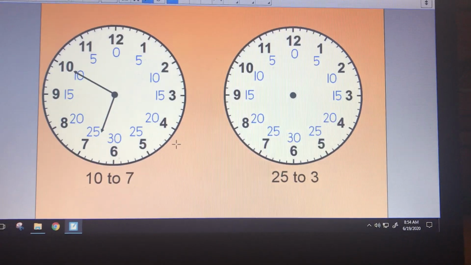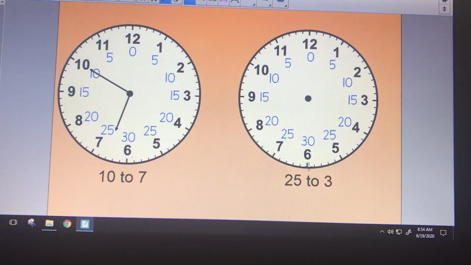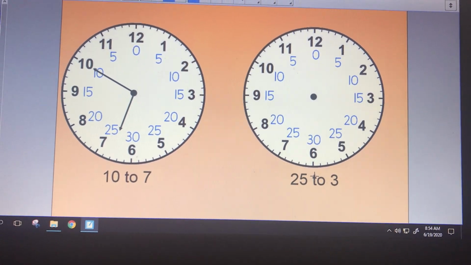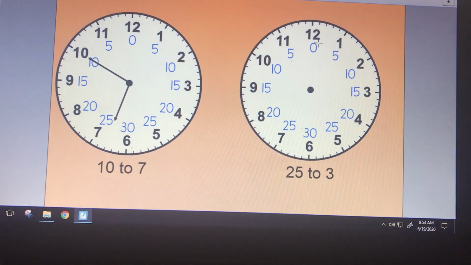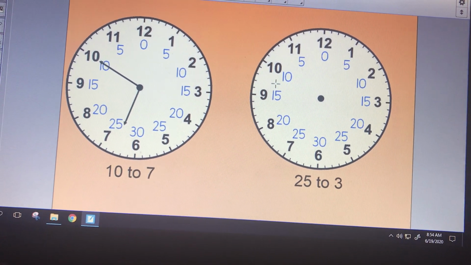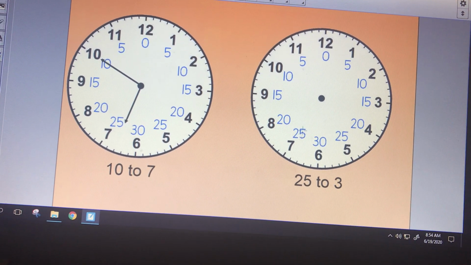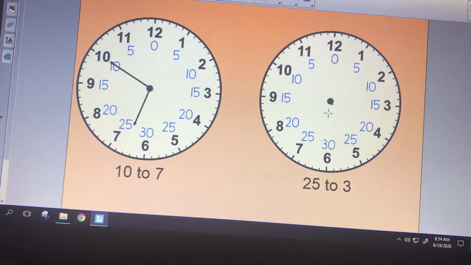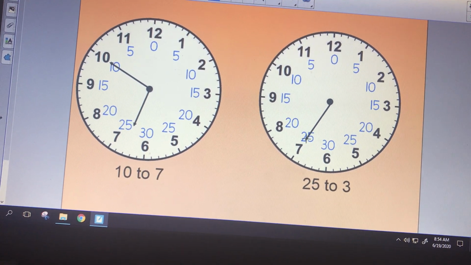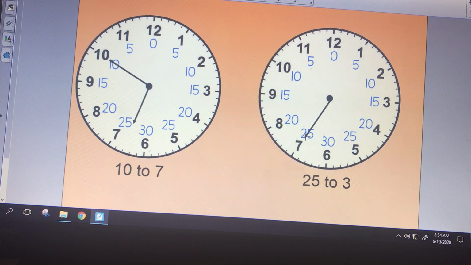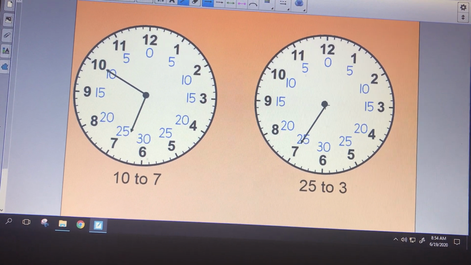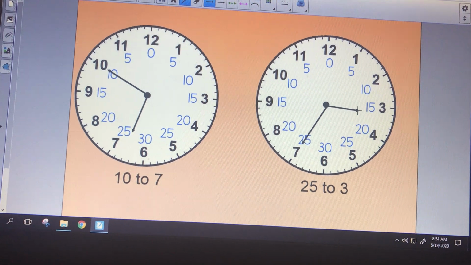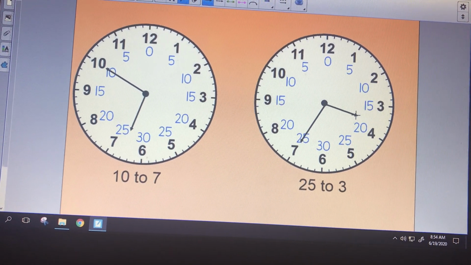And then finally over here, 25 minutes to 3 or 25 to 3. The minute hand, we count backwards because we're working towards the next hour. There's the 25. So we're going to put the minute hand on the 7. And then we are coming up to 3 o'clock. So with our hour hand, we shouldn't be past the 3rd hour.